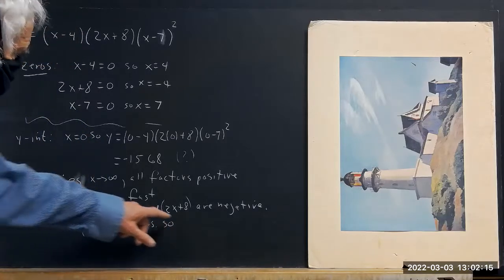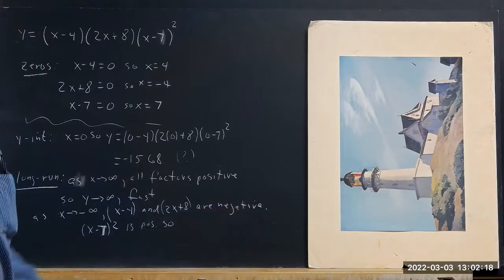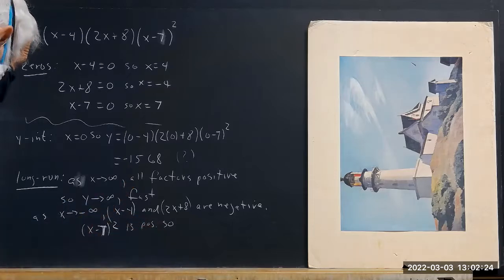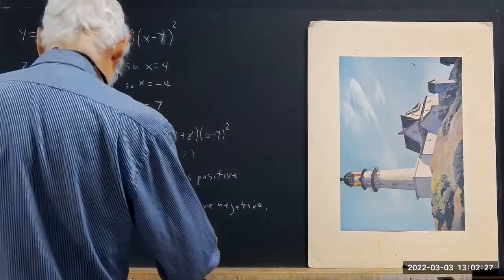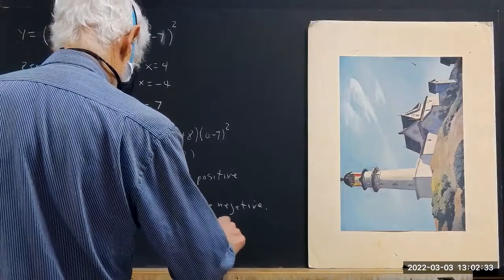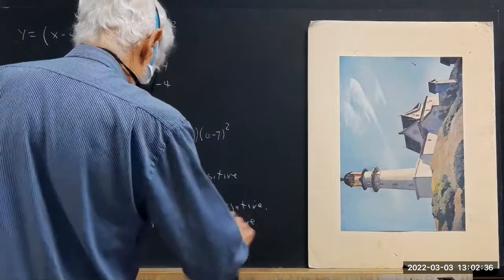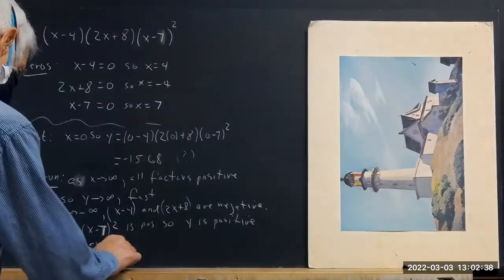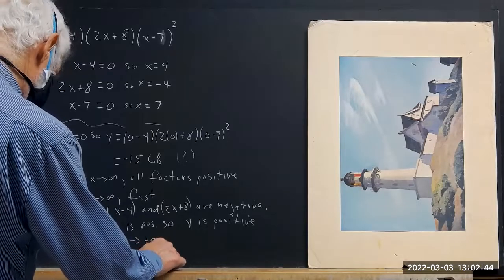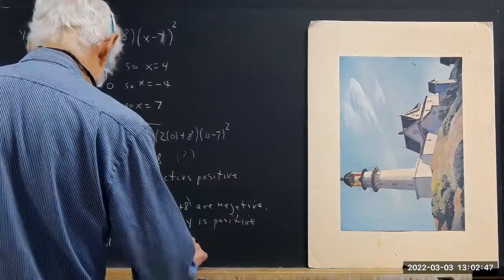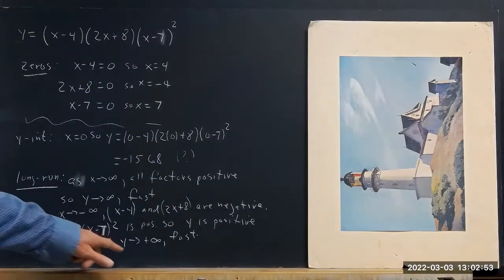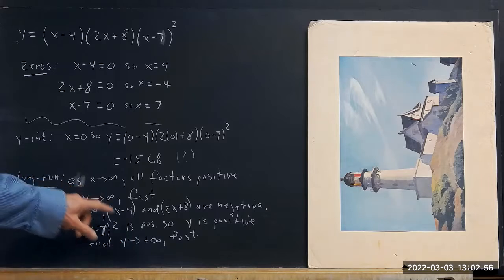So what you have is two big negative factors, which give you a really big positive factor, multiplied by one that's already positive and big. And y is positive. So y goes to positive infinity again, fast.